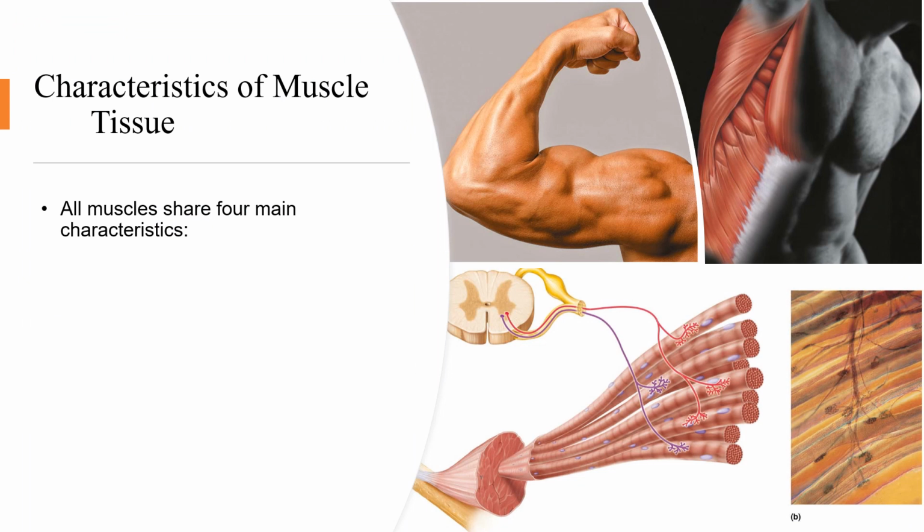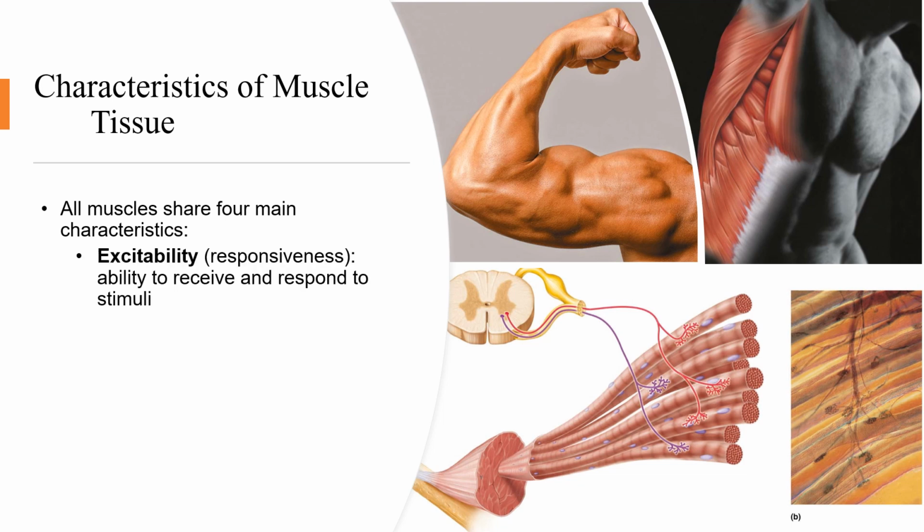So here are some characteristics of muscle tissue. All muscles share four main characteristics. They are excitable, which means they respond to the nervous system and are able to receive and respond to a stimulus.